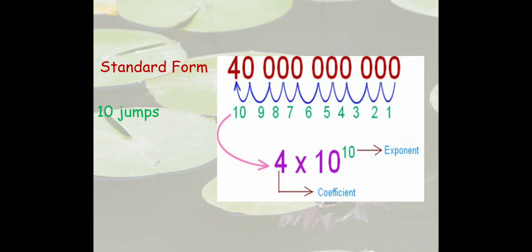If we count them, 1, 2, 3, 4, 5, 6, 7, 8, 9, 10 jumps. So in scientific notation, we get 4 as the coefficient multiplied by 10, which is the base that never changes. And because we jumped to the left 10 spaces, my exponent is going to be 10.